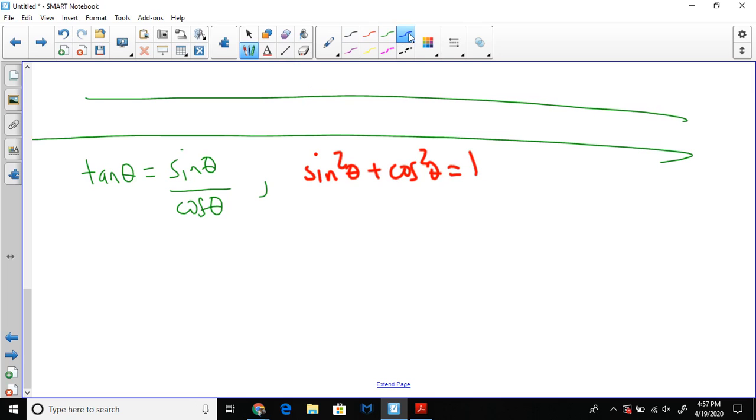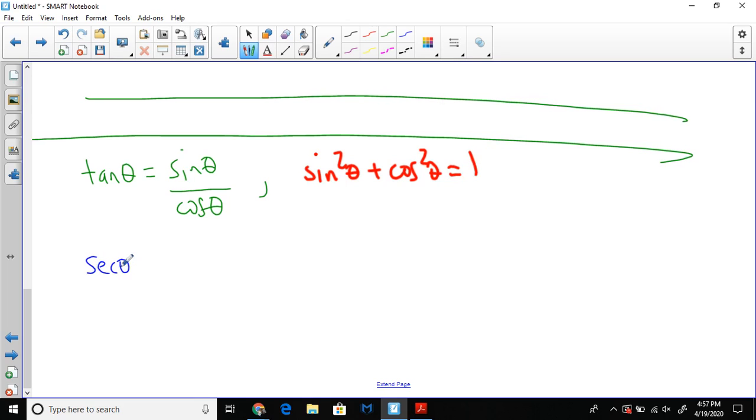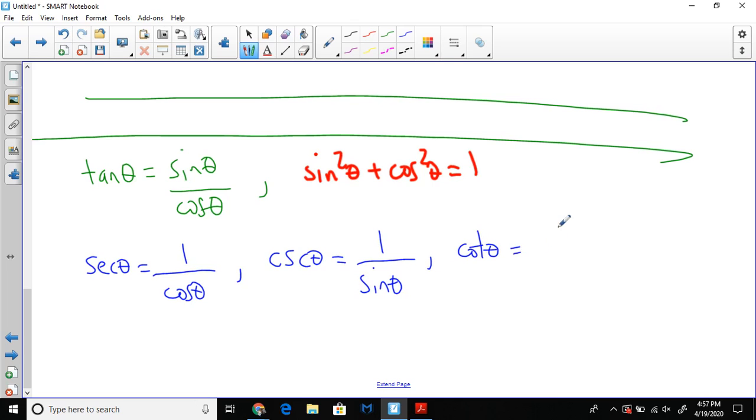And then the other ones, remember when we did reciprocal ratios: secant of theta is 1 over cos, cosecant of theta is 1 over sine, and cotangent of theta is 1 over tan, okay?